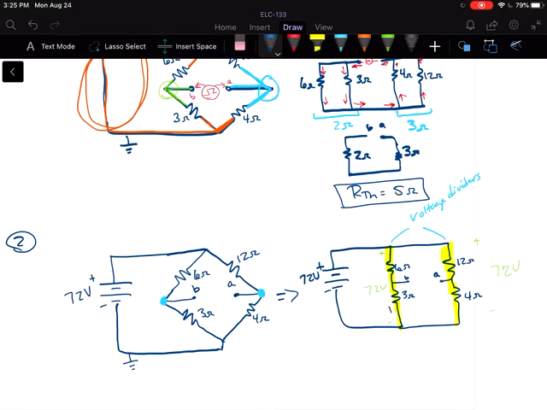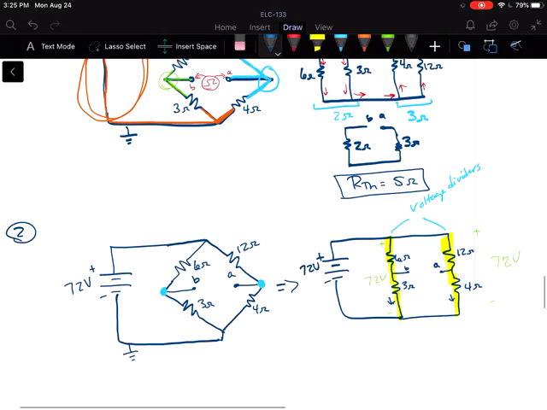So in order to find our voltage drops, there's a couple ways you can do this. You can find the current here and the current here. That's just fine. Or you can use your voltage divider rule. And notice the voltage here at B is the voltage across the 3 ohm resistor. So using the voltage divider rule, we would take 3 over 9, actually I'm just going to write 6 plus 3, so you know where that came from, times the 72 volts.